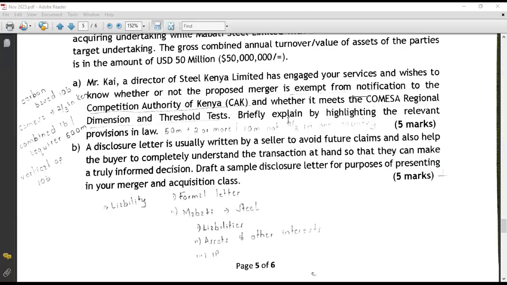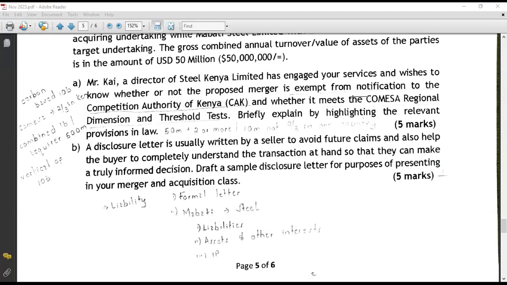On the first one, the COMESA guidelines on mergers and acquisition would apply, and in this one, the Competition Act would apply, if I'm not wrong. It's a shoddy attempt. Yes, it is the Competition Authority which deals with mergers and acquisition. So you have made a very good attempt.